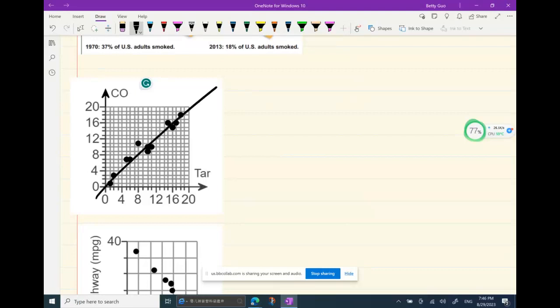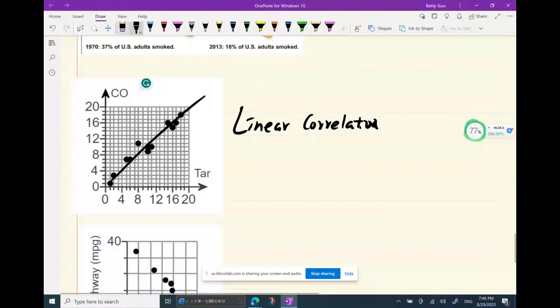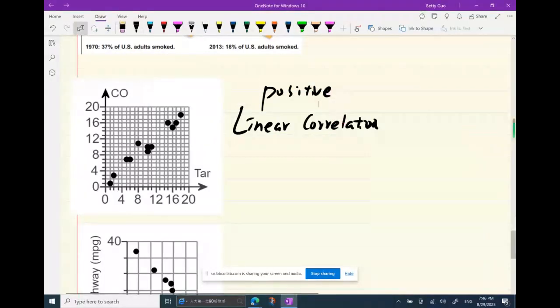Since the pattern is linear, based on the graph, we can determine there is a linear correlation between the two variables. Since the trend is going up, we say there is a positive linear correlation between the two variables.